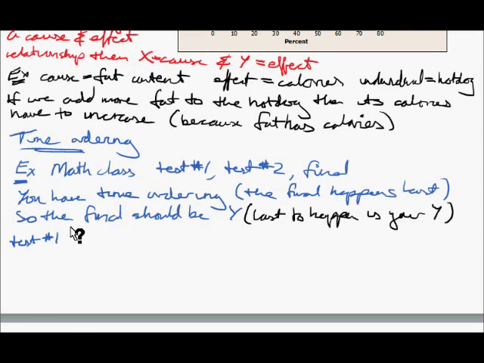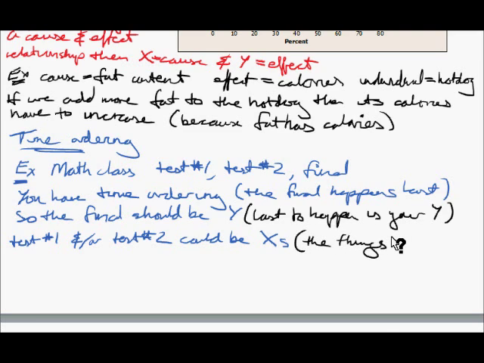Test number 1 and/or test number 2, because you can have both, will be x's. We'll later on see how to add more than one x. We could have one x or more than one x, because the things that happened earlier are your x's.